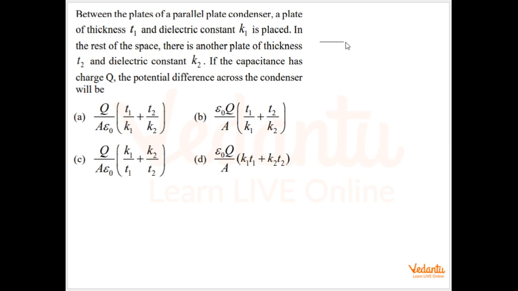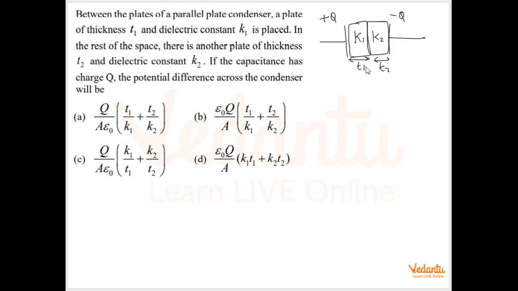So here you have a capacitor with two dielectric slabs, one of them having constant K1, thickness T1, the other having constant K2 and thickness T2. The charge is given as plus and minus Q. We have to find out the potential difference.